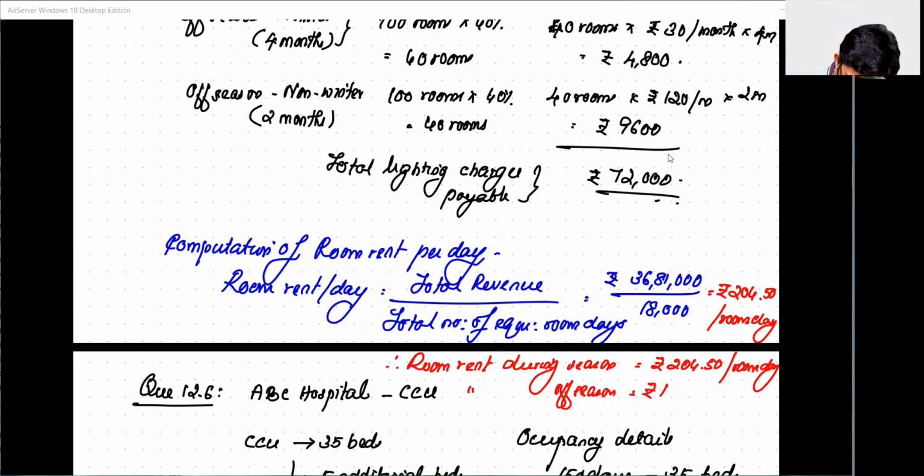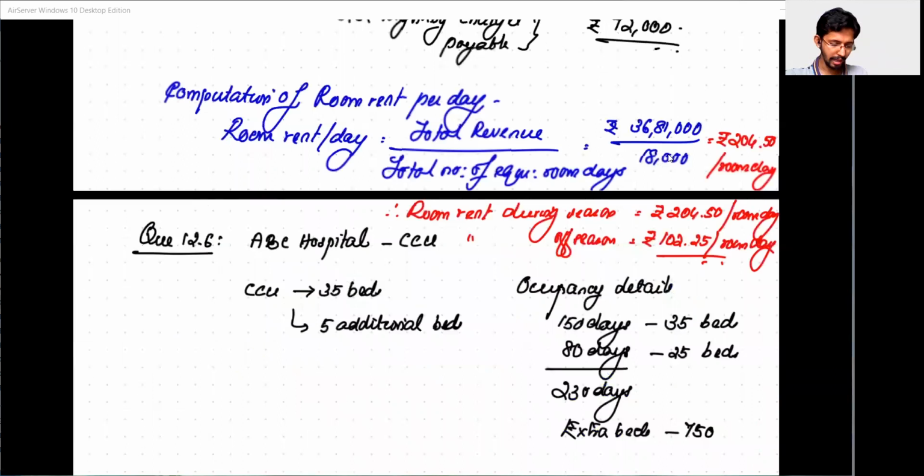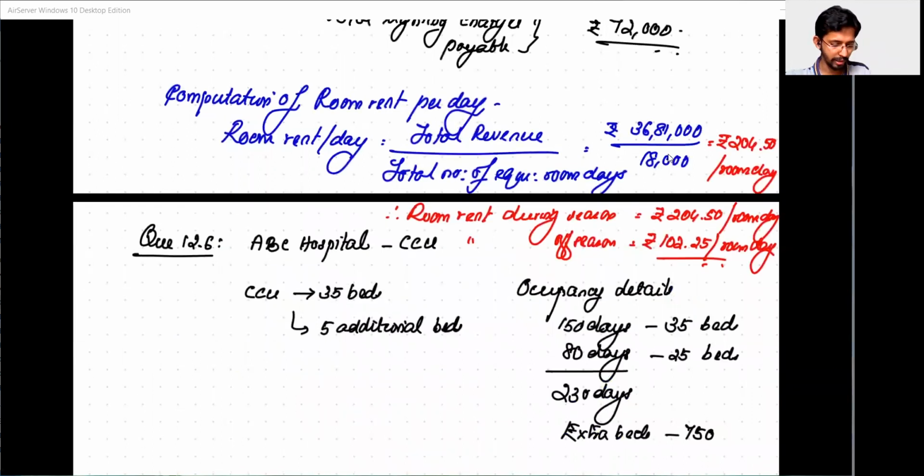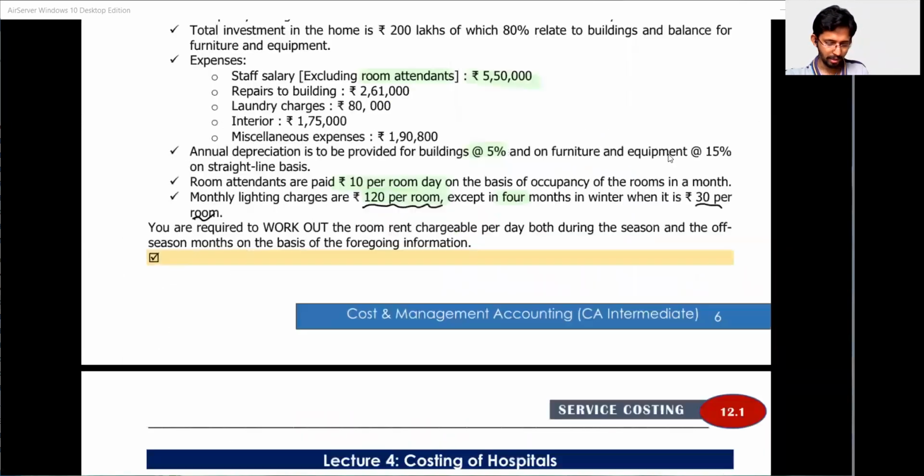That will be 102.25 per room day. So one is 204.50 per room day during the season, and during the off season it will be 50% of that. So 102.25. Okay. So this is all about this question, and it was regarding the costing of a hotel or accommodation lodges.